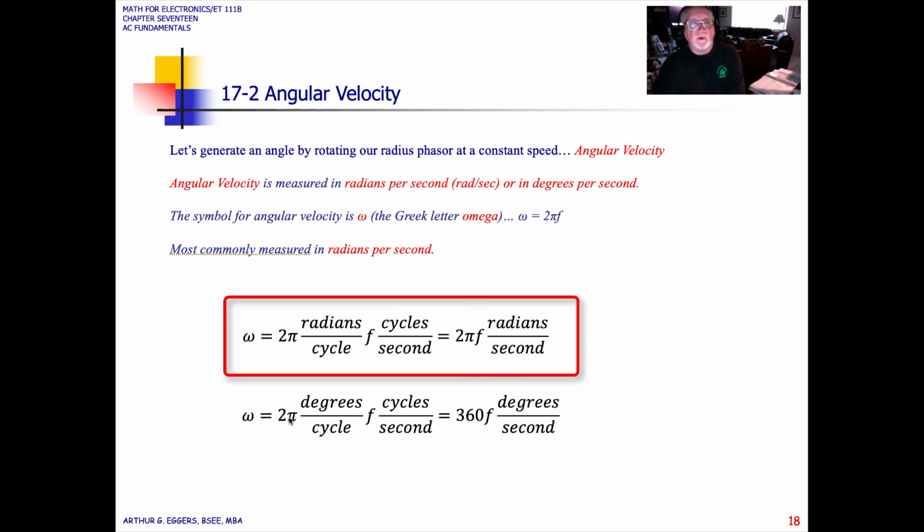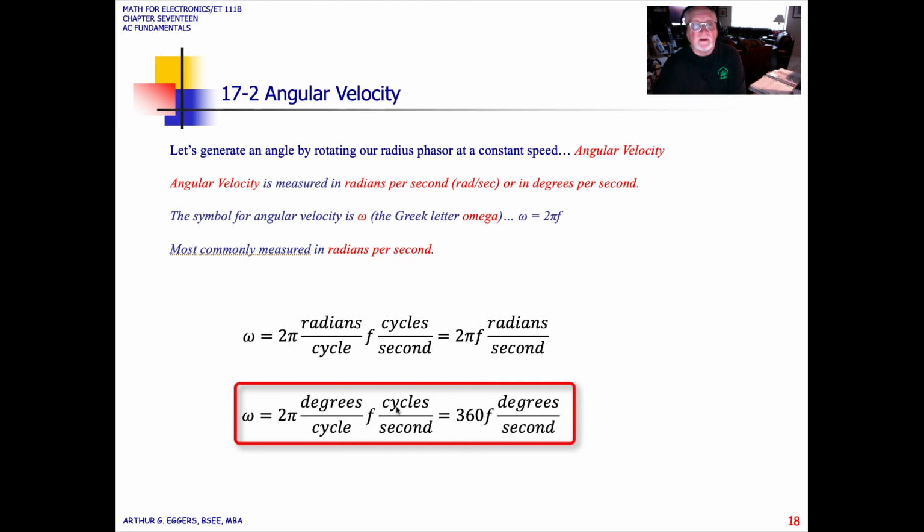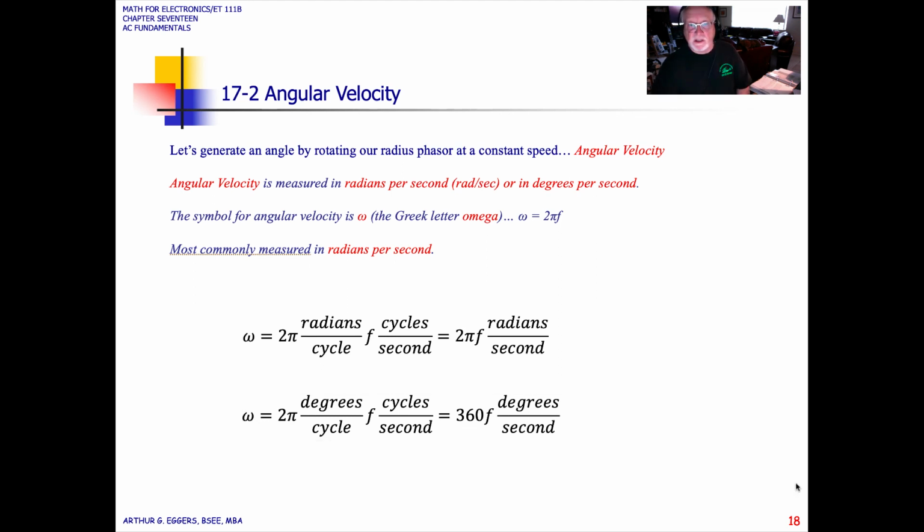Now we end up with 360 degrees per cycle times cycles per second. You'll notice the cycles cancel out, and what we're left with is a measure that is given per unit of time, or per second. And what is per second? The number of times that it's spinning around.